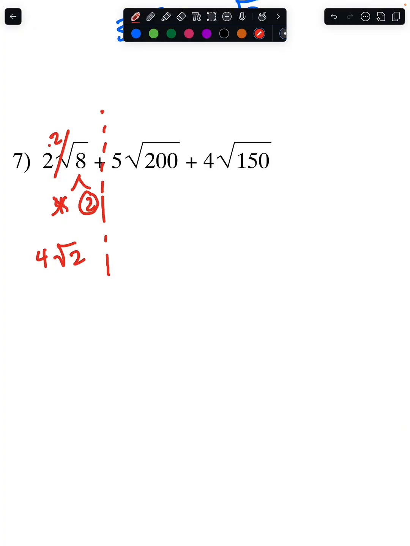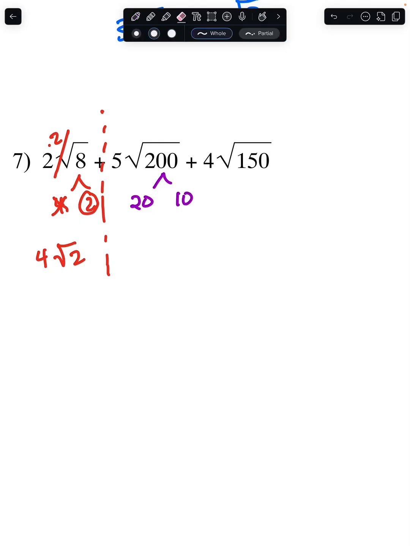Next, we got to break down 200. And when you're doing these, the easiest way is to break them down using perfect squares that you know of. For example, for 200, I could use 20 times 10. That's going to make me do more work.